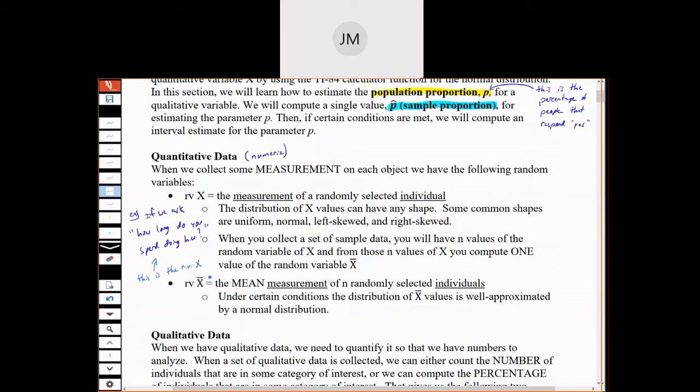And so the average amount of time they spend doing homework would be a random variable, because if I take a different sample, I'll get a different average. So x bar is the average, or mean, and we can think of this as being a random variable because every different sample will give us a different x bar.